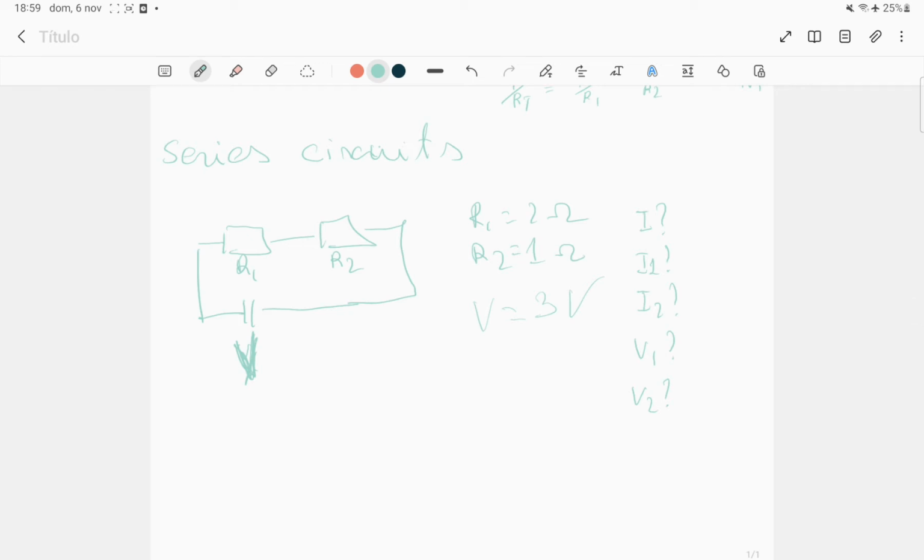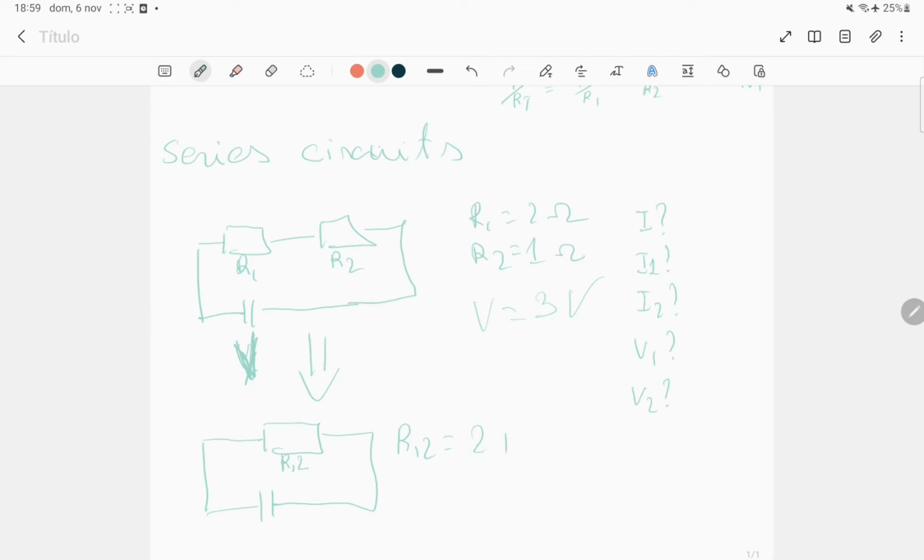Well, first of all, we have to calculate the total resistance. So the easiest way is making here the equivalent circuit, where here is R1,2. So it's the equivalent of these two resistors. Because we are in a series circuit, this R1,2 is the sum of both.